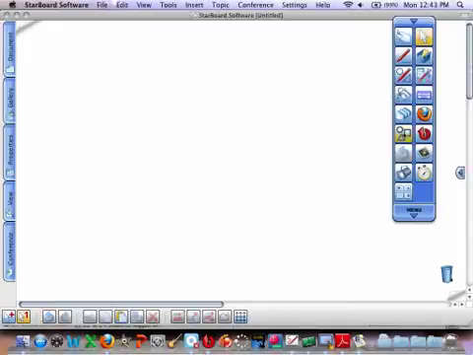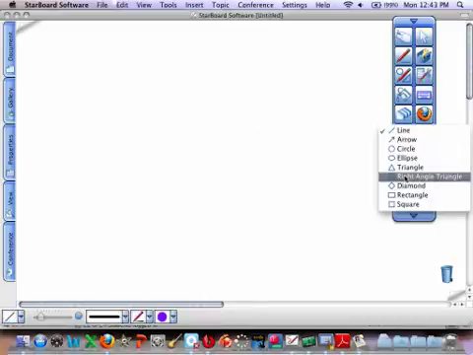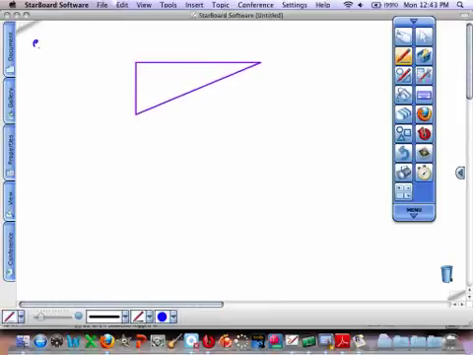In this next section, we're going to start off with our right triangles. We'll do a couple examples here. Here's my right triangle. I have 11 and 12, and then x is my hypotenuse.